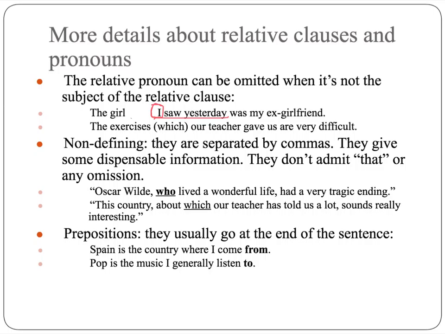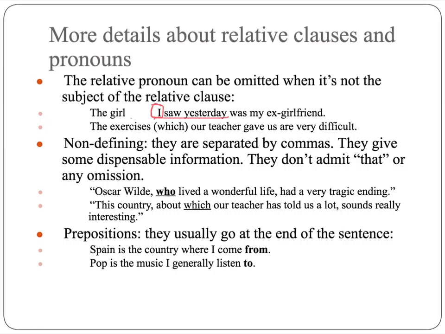And the same goes with the next sentence we have here, okay? The exercises which our teacher gave us are very difficult, or the exercises our teacher gave us are very difficult, okay? And we are doing that because our teacher is the subject of this sentence, okay? Then we have the so-called non-defining, okay?